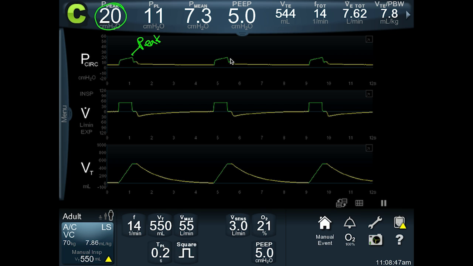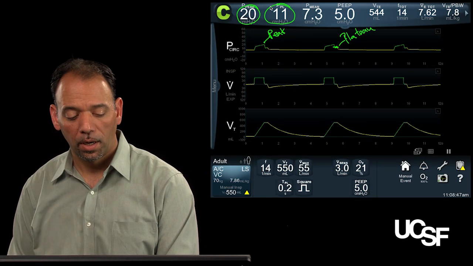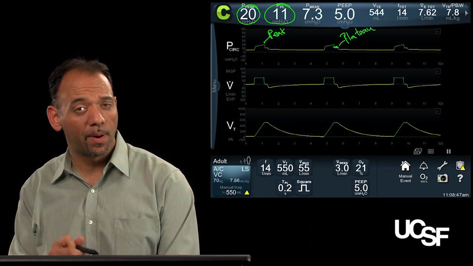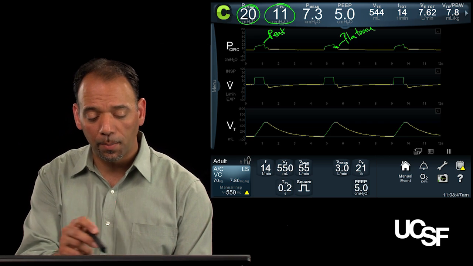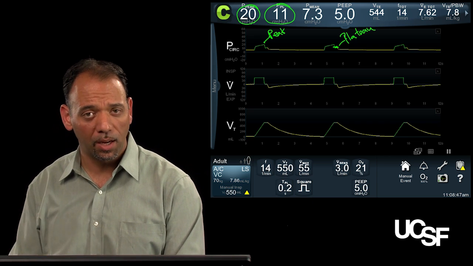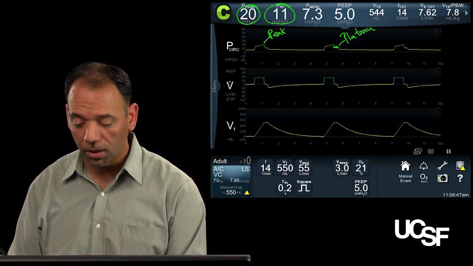The plateau pressure is this shoulder of the pressure waveform here. And that number is expressed numerically here. These are both measurements that are made by the ventilator, and that's why they're expressed up here in the top bar, as opposed to a setting, which would be expressed down here in the lower bar.